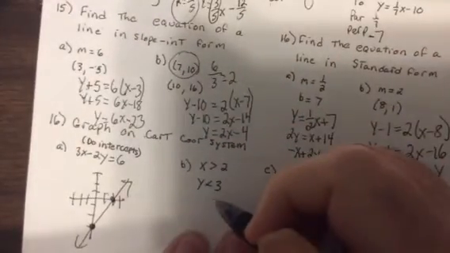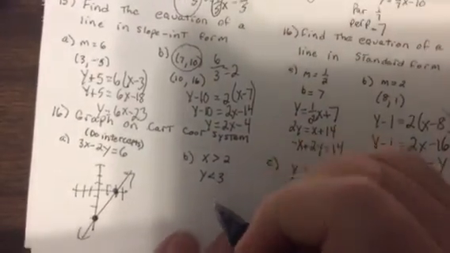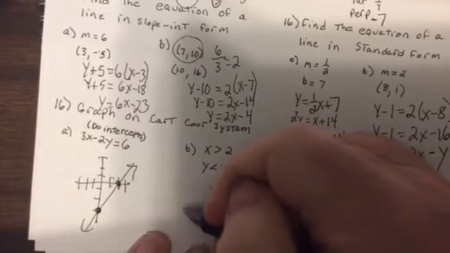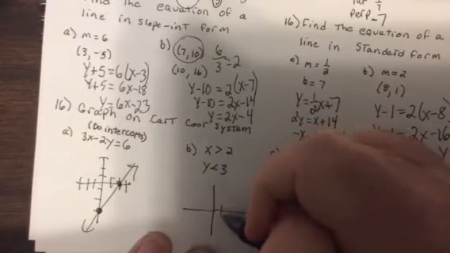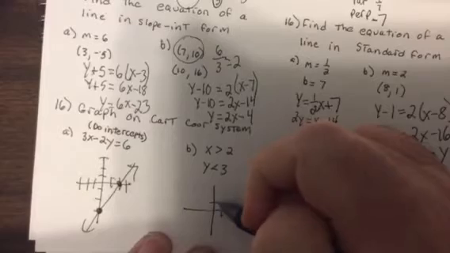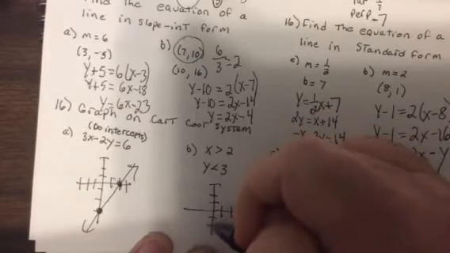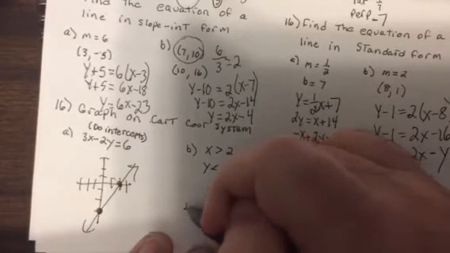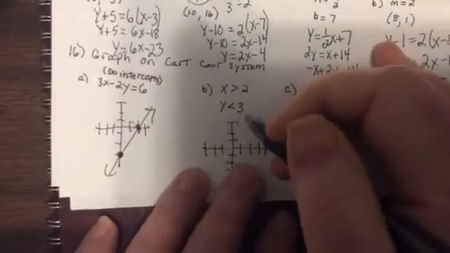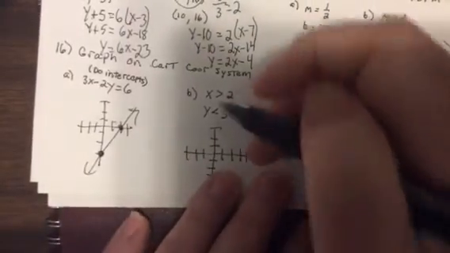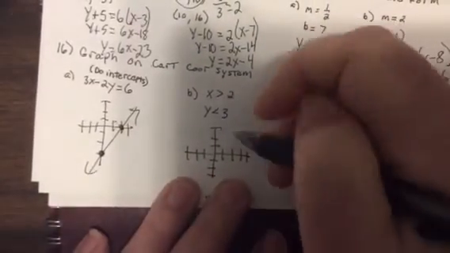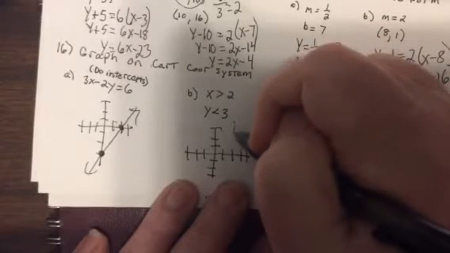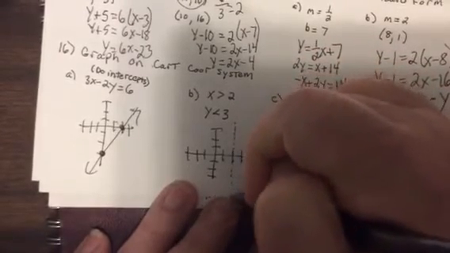Oh, I see inequality. Do you see inequality? I see inequality. Whenever you have inequality, you're going to have shading, whether it's on a number line or the Cartesian coordinate system. So here we go. It's getting kind of dark. Sorry about that. Move it up here. So, x and a number, vertical line, although it's dashed because there's no equals.